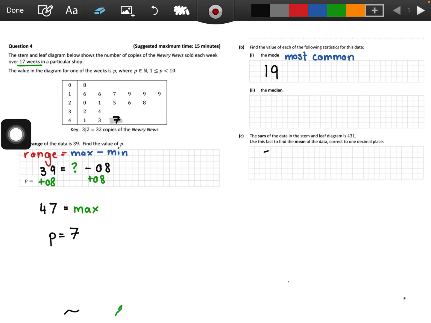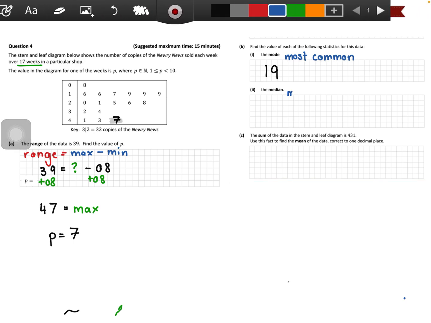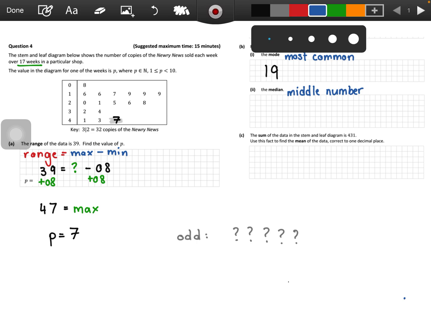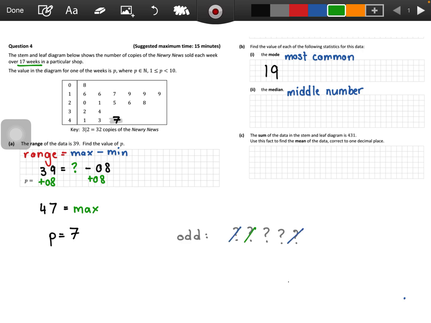The median. Now, the median, remember, is our middle number. When we looked at the middle numbers, we said that if I had an odd amount of data, let's say 5 things, 1, 2, 3, 4, and 5, I would be left with exactly one thing in the middle.